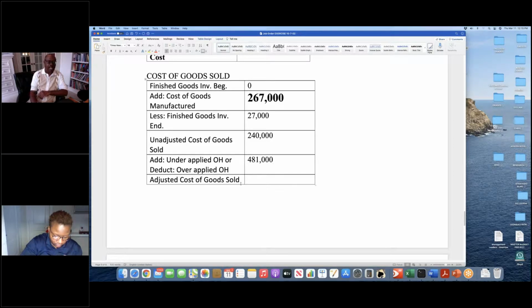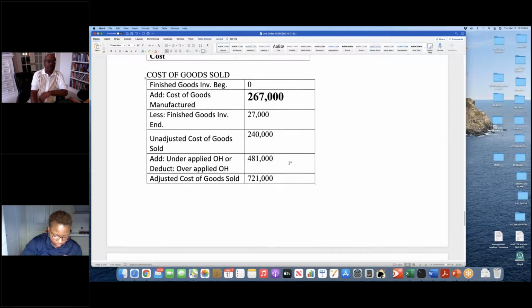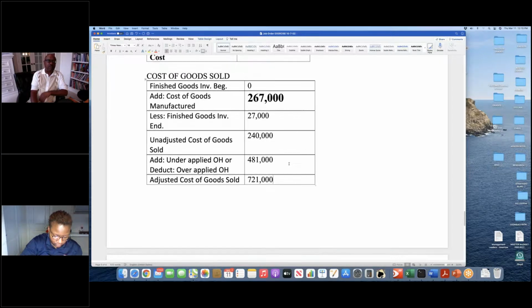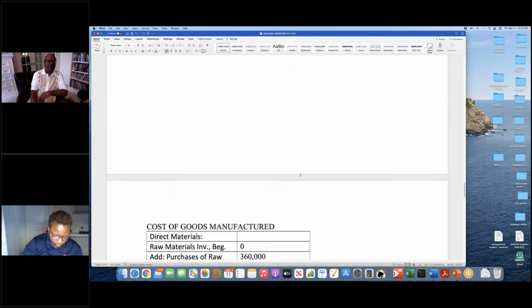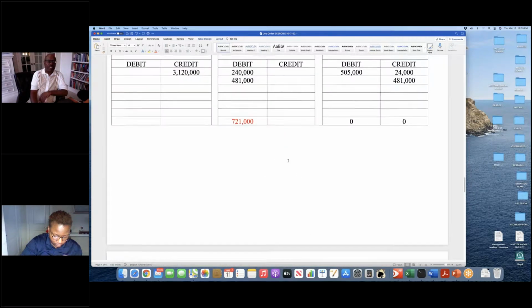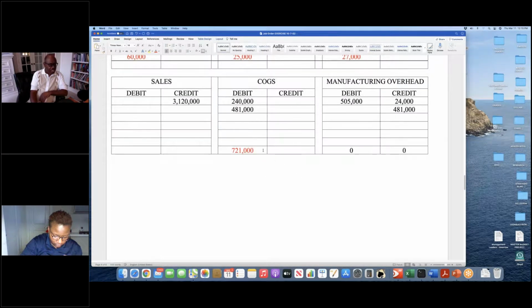When we add these two numbers together, how much do we get? 721,000. Have we seen this number before? Yes. Where? On the journal entry, right? Oh, the cost of goods sold.